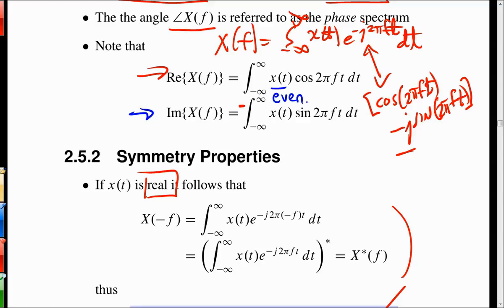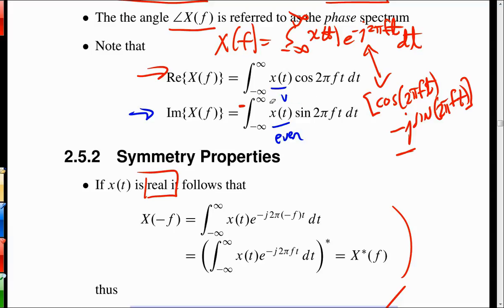It could be 0, but chances are it's not 0. In the lower integral, though, if x of t is even, times sine, which is an odd function, now you have an odd function integrated over symmetrical limits, and that is going to be 0, right? So that's why you can say that if x is an even function, the Fourier transform is purely real.